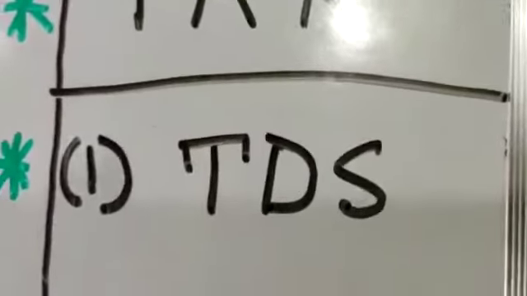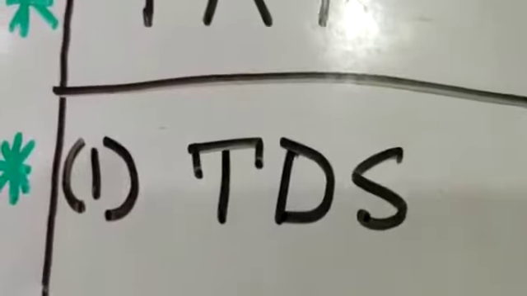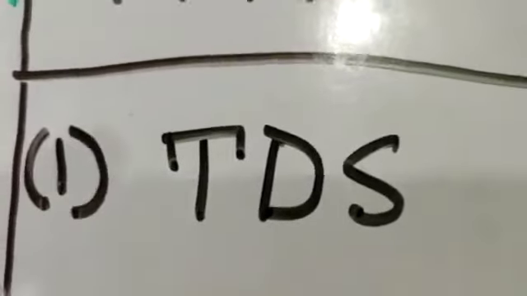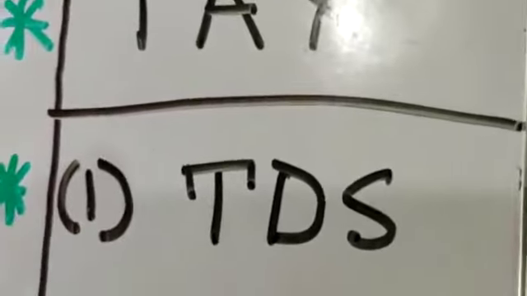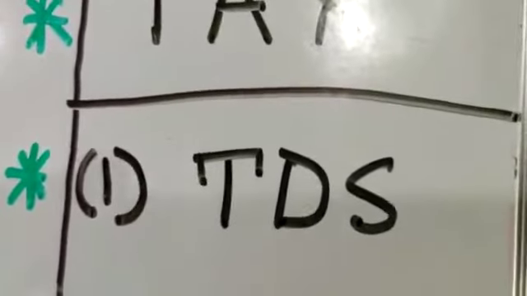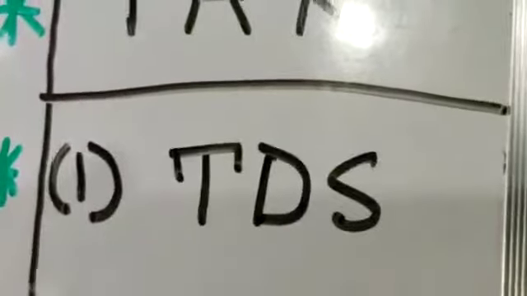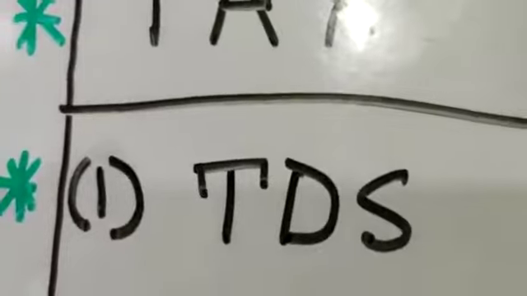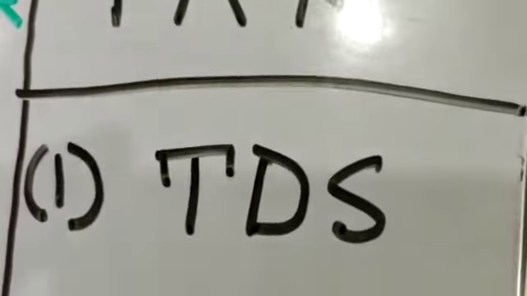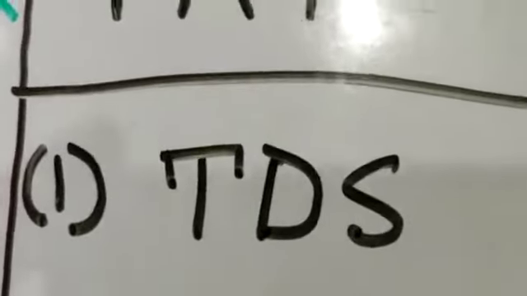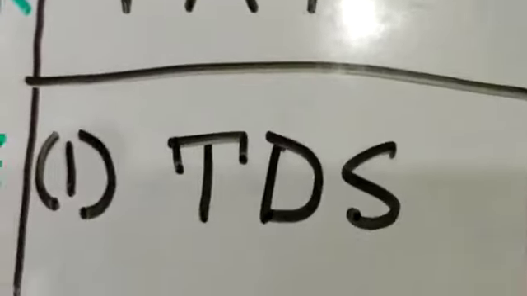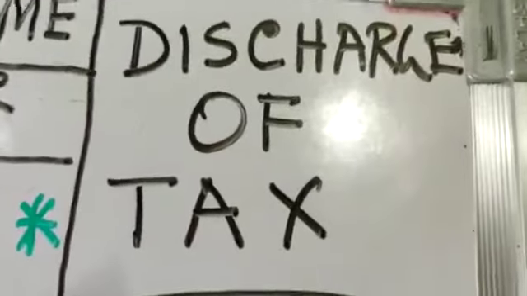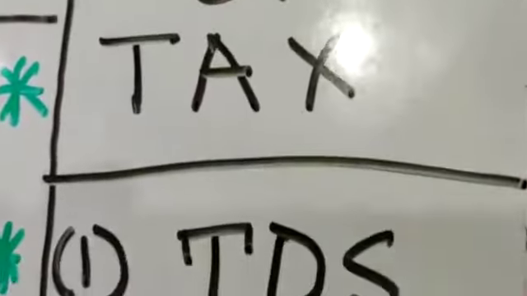This TDS goes as credit to the seller because it is the income of the seller. This is basically the tax which your supplier is supposed to pay, that you are paying on behalf of your supplier. So this TDS is one of the methods of discharge of tax liability.